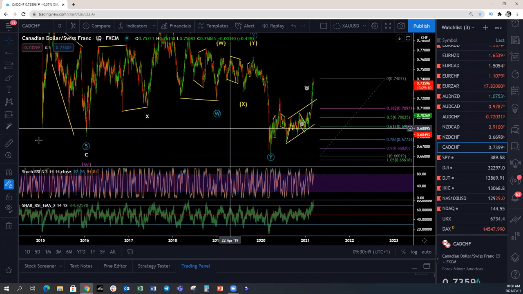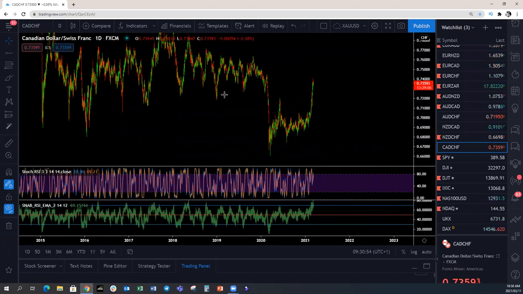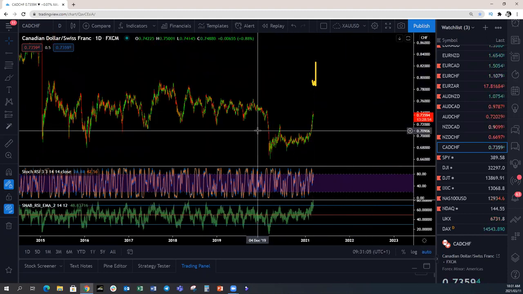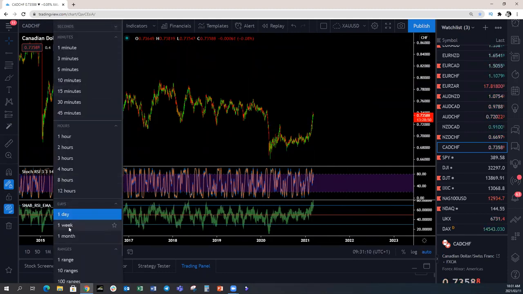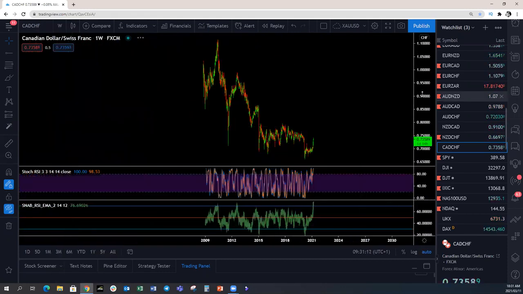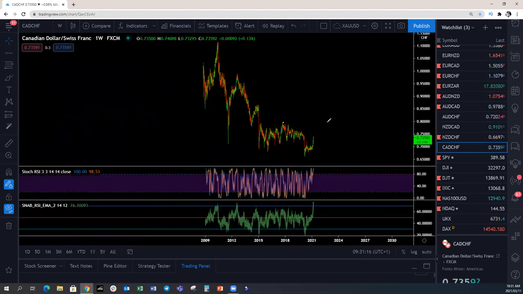So if you look at CAD Chief just here, there's a potential for this to go all the way up. Okay, all the way up. How far? Let's see on the weekly. So on the weekly, this has potential to get to this level.